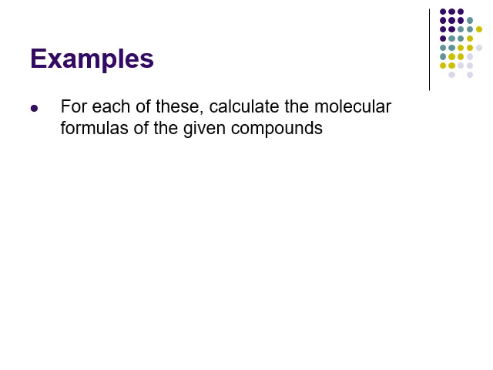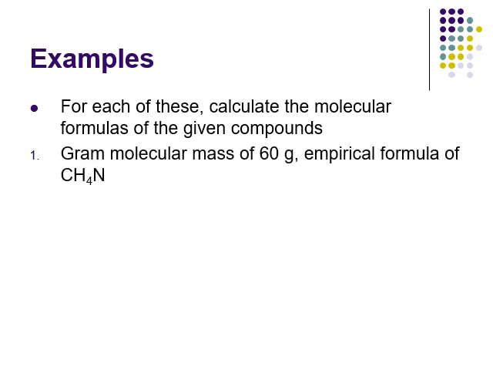So for instance, for each of these, we're going to calculate the molecular formula for these compounds. So we have the molar mass is 60, and the empirical formula is CH4N. We know the molar mass is 60. We know the empirical formula is CH4N. So I find the empirical formula mass first. 1 carbon, 4 hydrogens, 1 nitrogen equals 30 grams.